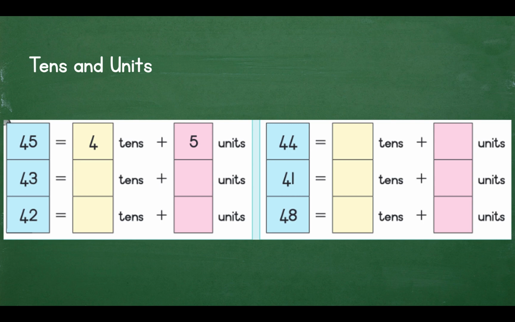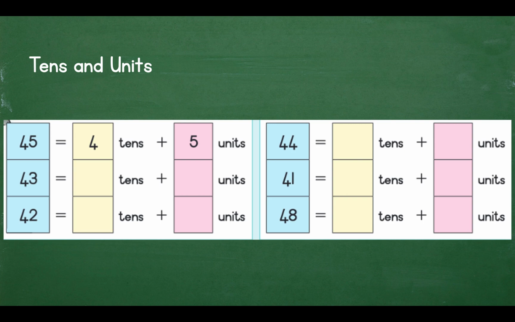Now, I want you to try to do it on your own. Maybe if you have a piece of paper, you can grab that and write down these squares. If not, that's okay. You can just take some time. You can pause this video and try on your own, and then when you unpause, you can see the answers.